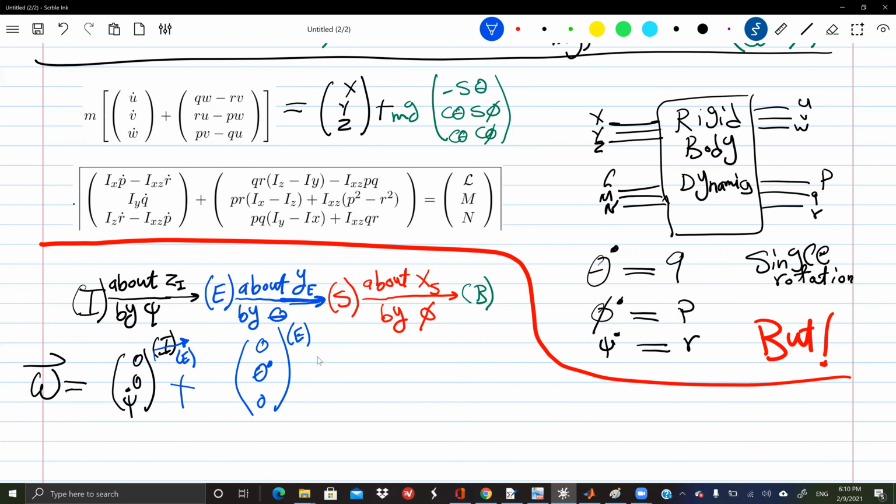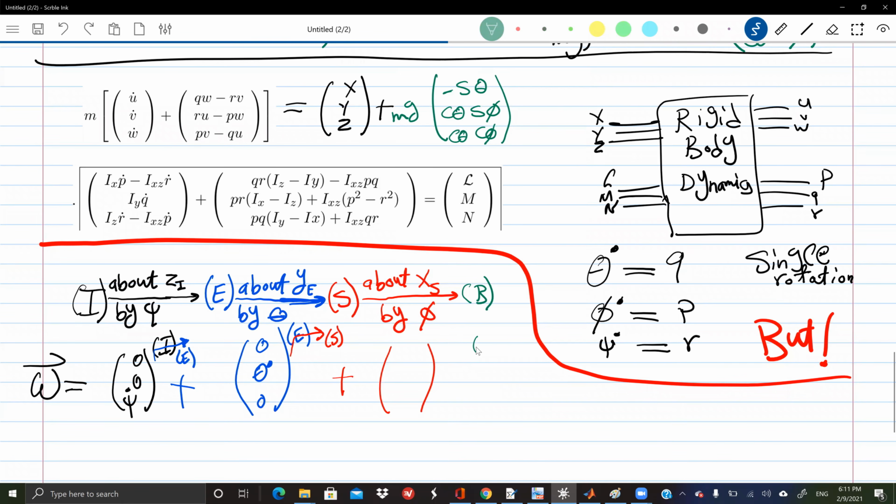But again, y_E is the same as y_S. So if it's more convenient to me, I can just write this in the S frame if I like. Can anyone tell me the last vector? What is this vector? 0, 0, theta dot in the B frame. It's in the B frame, I agree.